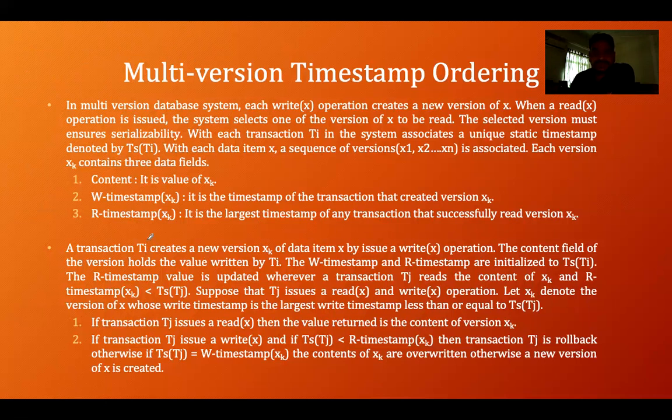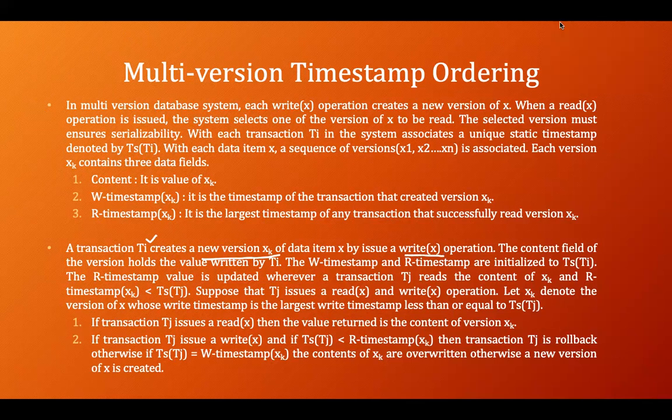It is saying that whenever a transaction TI creates a new version XK of the data item X, it has issued a write operation on it; only then can it create the version. The content field of the version holds the value written by TI. The value of X will be there. The write timestamp and read timestamp are initialized as the timestamp of TI.